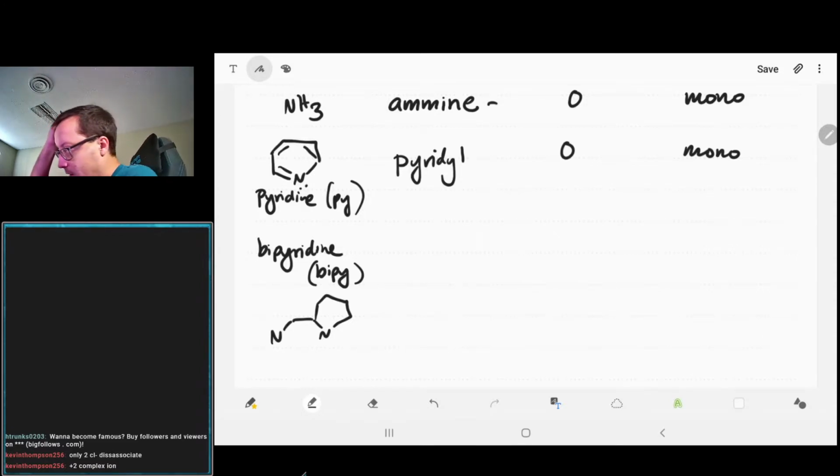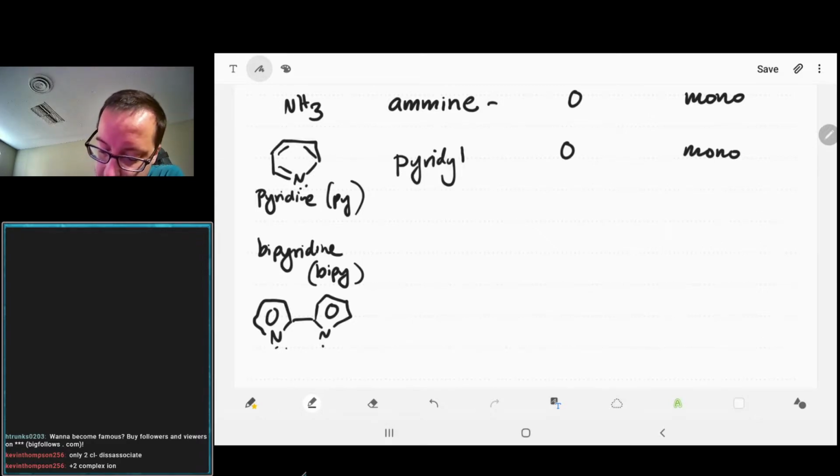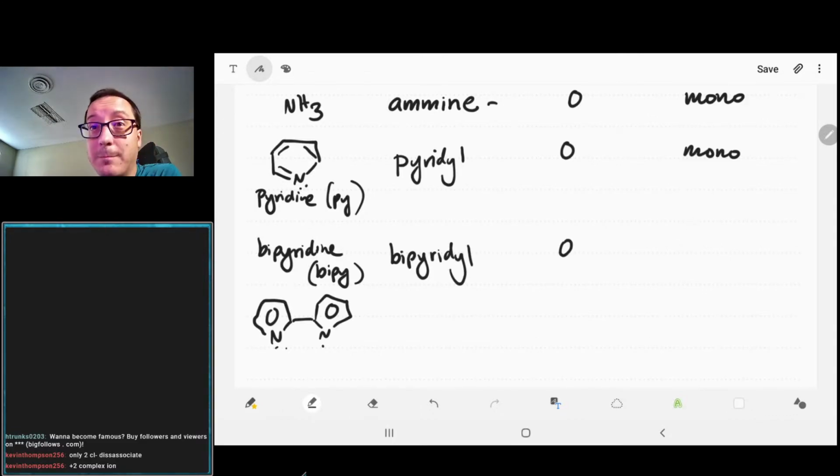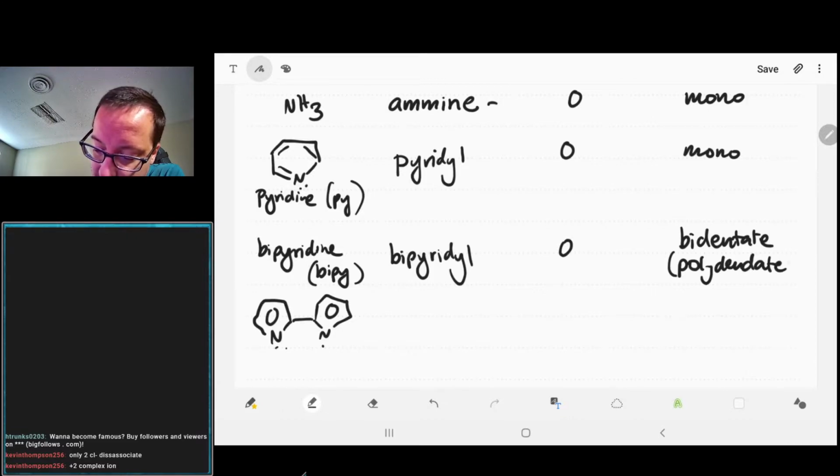No, it's phenanthroline. Bipy is just the 2 of them, yeah. That one will be bipyridyl. This is a bidentate ligand. Remember that bi falls under this category of poly.